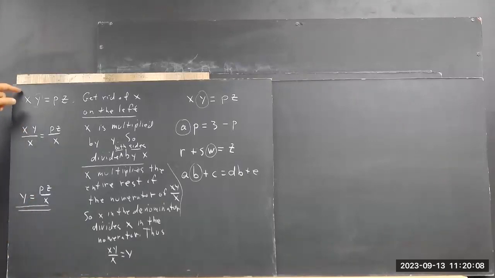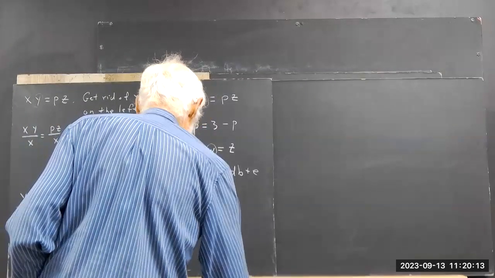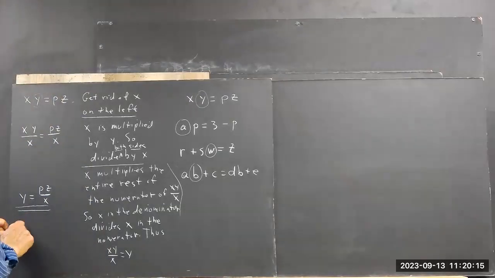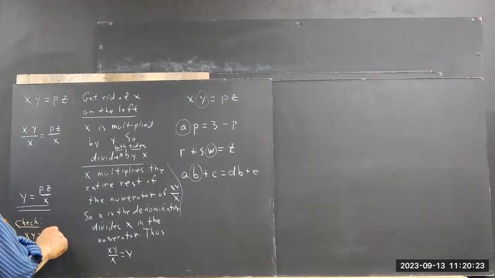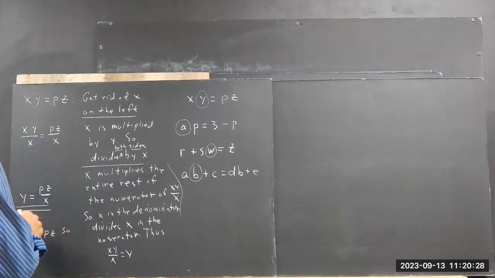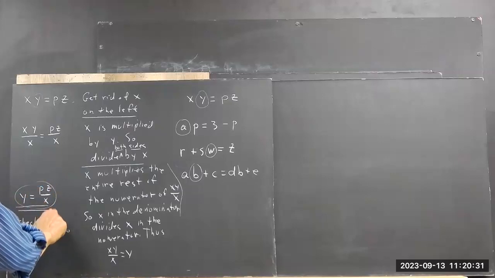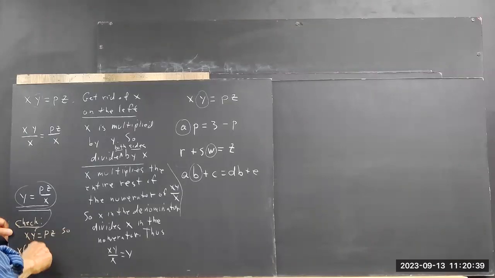If we plug this back in here, xy equals pz. So if we plug this in for y, x times pz over x equals pz, right?